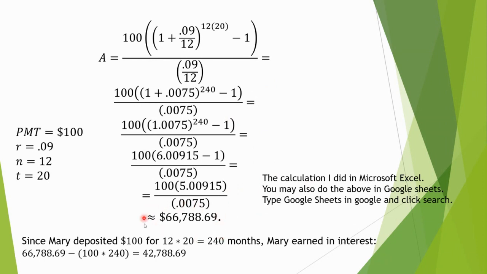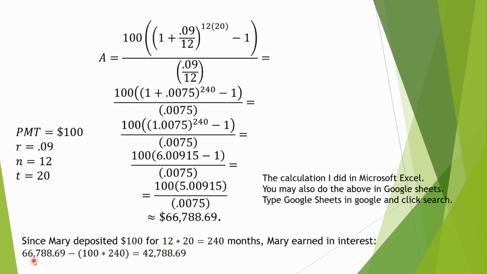Now remember, that's coming from the monthly deposits, but it's also coming from interest. Remember how in that first example with the table, we were putting money in, but we were also earning interest at the same time? That's really what this is saying.